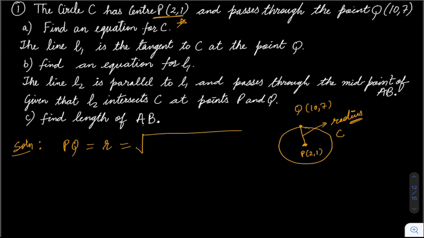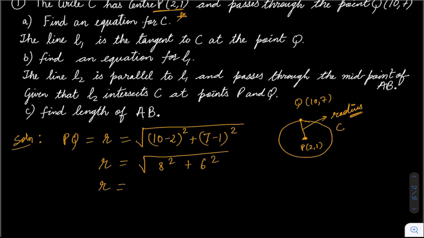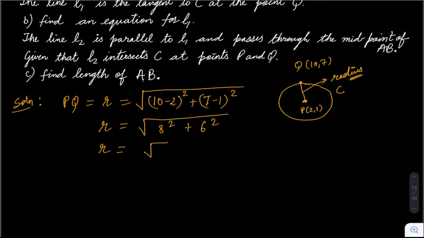This is square root of (x2 minus x1) whole squared plus (y2 minus y1) whole squared. That comes out to be square root of 8 squared plus 6 squared, which is 100. So square root of 100 gives you 10, so my radius is 10.